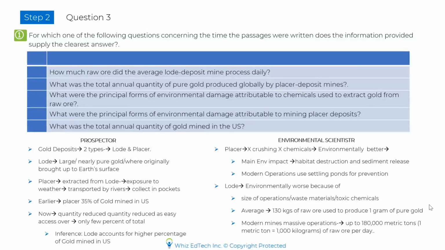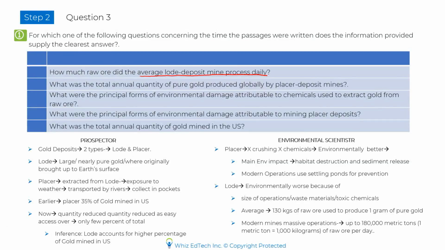All right, I'm just going to get into the discussion because we really don't have much time. For which one of the following questions concerning the time the passages were written does the information provided supply the clearest answer? Now, how much raw ore did the average lode mine process daily?